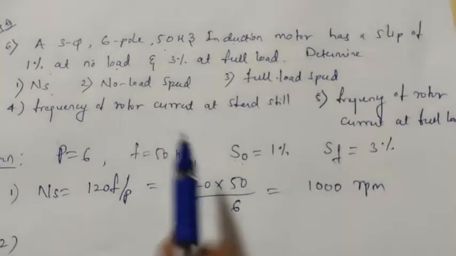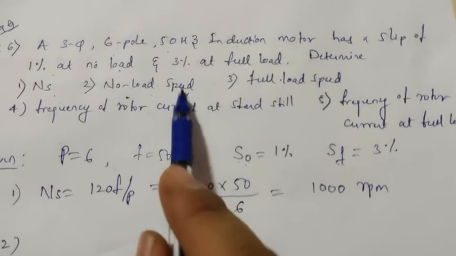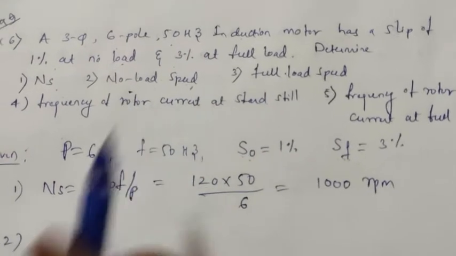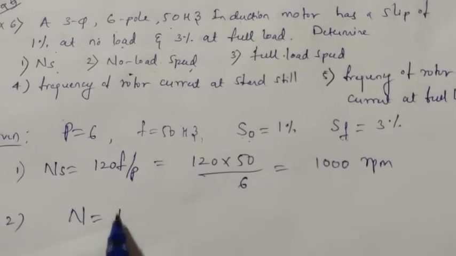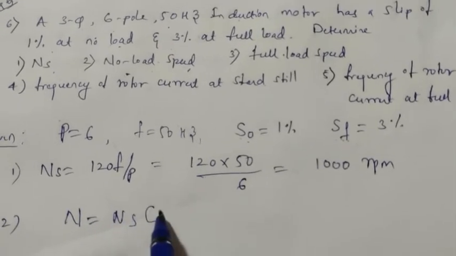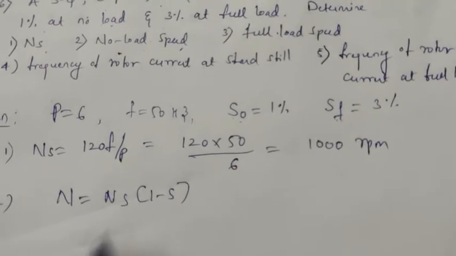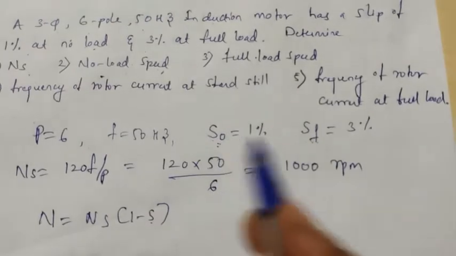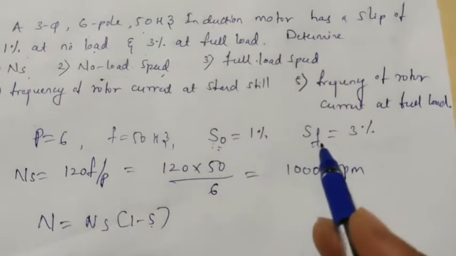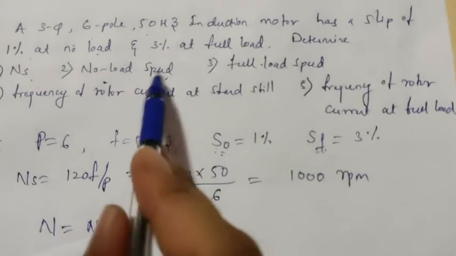The second bit is no load speed, the speed at no load condition. The formula for calculating it is N is equal to Ns into bracket 1 minus S. But remember, two slips are given, S0 and SF, the no load slip and full load slip. You are calculating the no load speed.